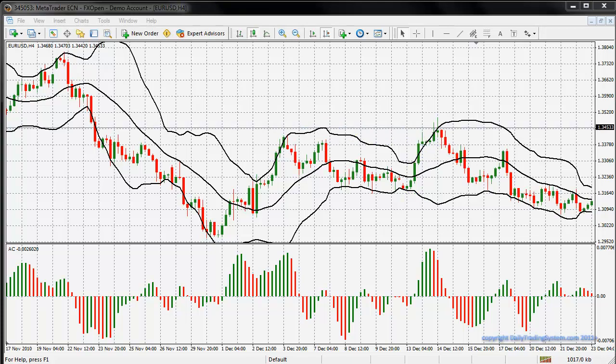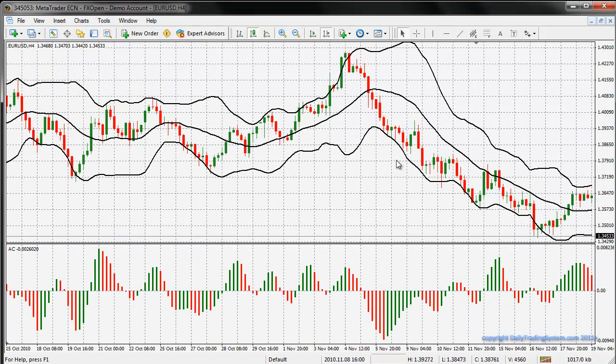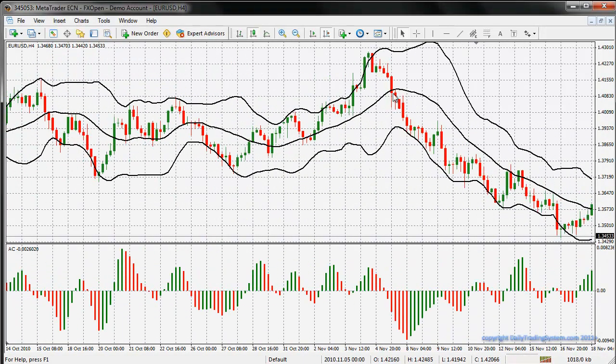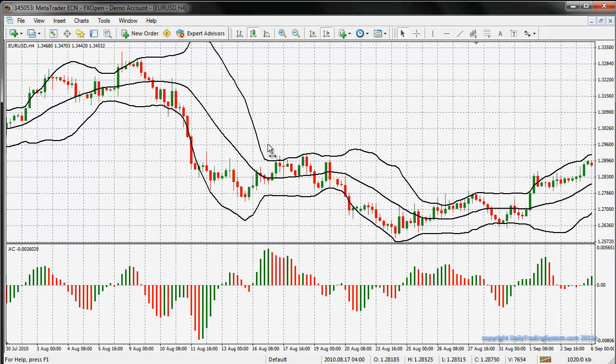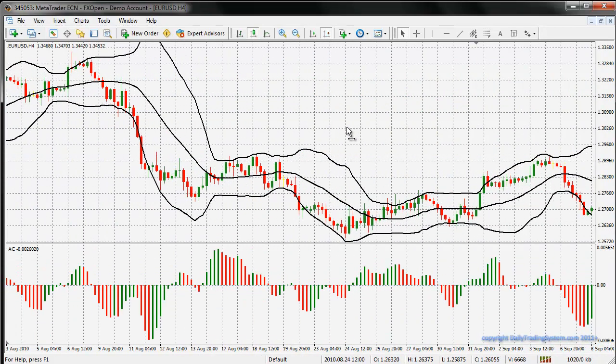Alright, let's see if we can show you another one, just so you can get the general idea. Alright, let's do a short trade. Let's see if we can find a short trade where the market basically, there we go. Alright, so the market's gone sideways and then it's broke. You might say, oh hey Loz, here's one here.